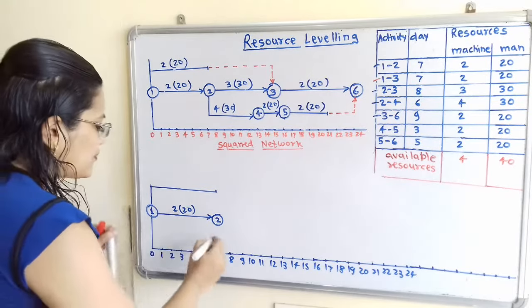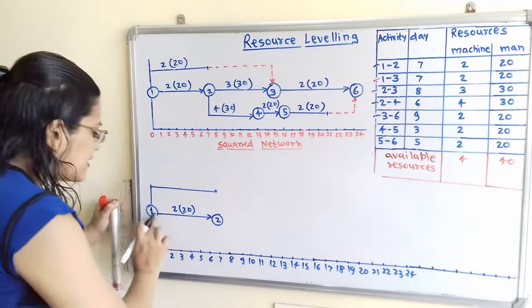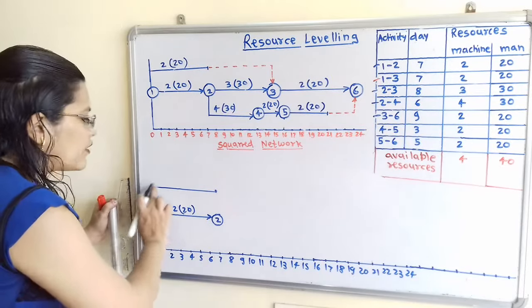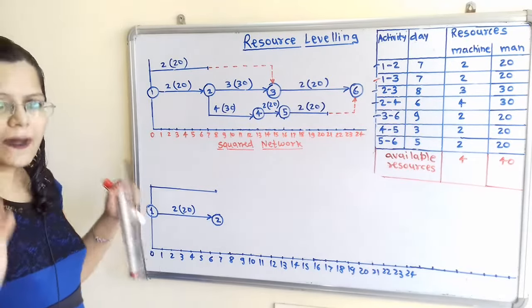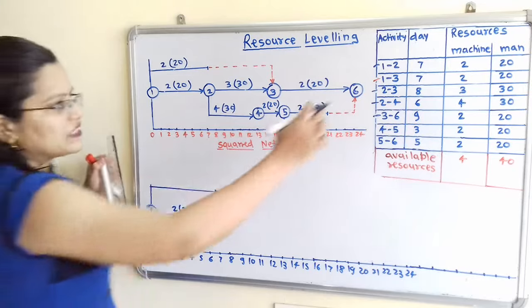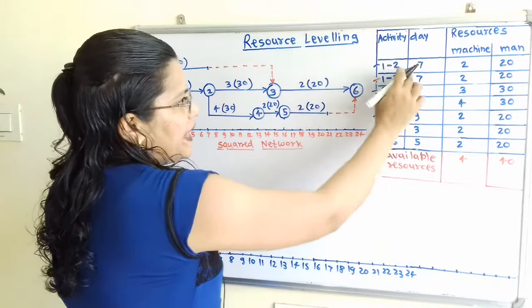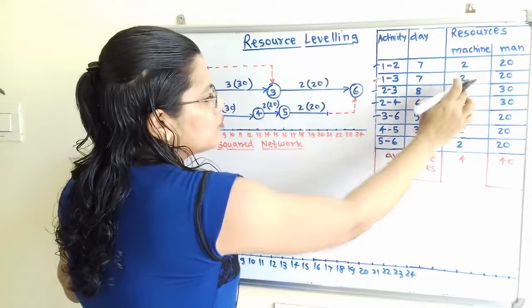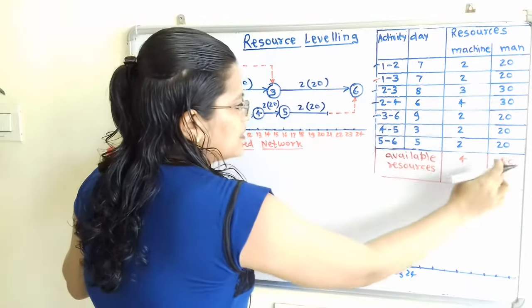So I will draw here, because after 7 days this activity 1 to 2 and 1 to 3 both are completed simultaneously, because the duration is the same and the requirement is 2 plus 2, that is 4, and 20 plus 20, that is 40.